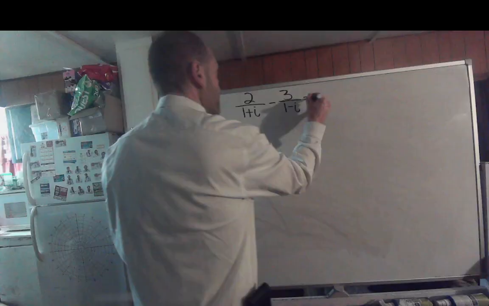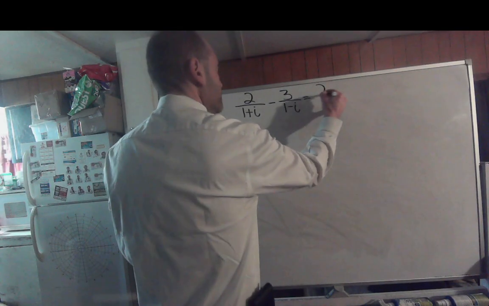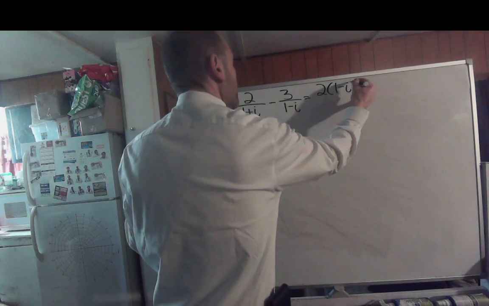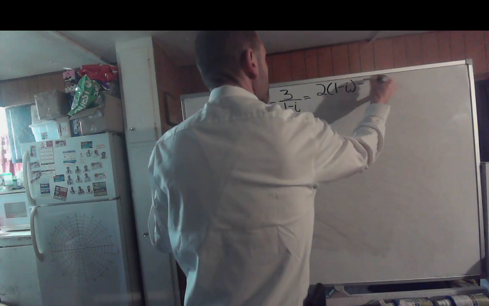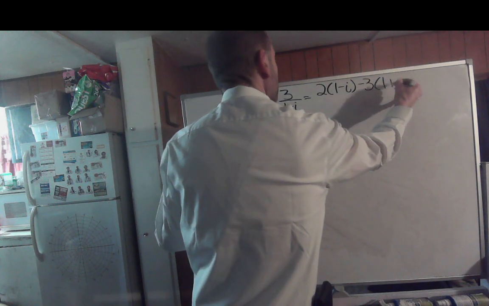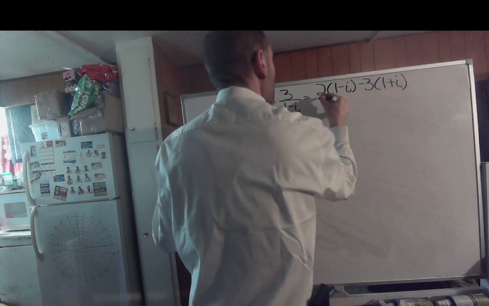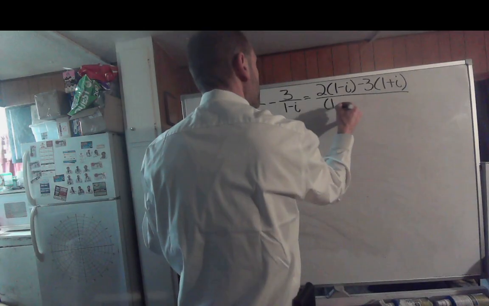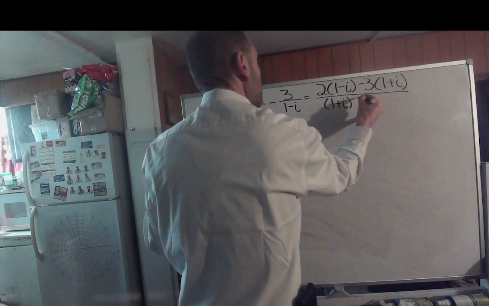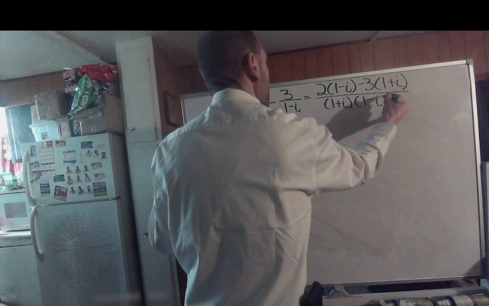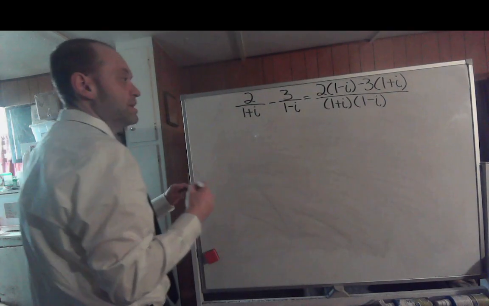So this would end up turning into 2 times 1 minus i minus 3 times 1 plus i all over 1 plus i times 1 minus i. Now you have the same common denominator. Let's go ahead and simplify this.